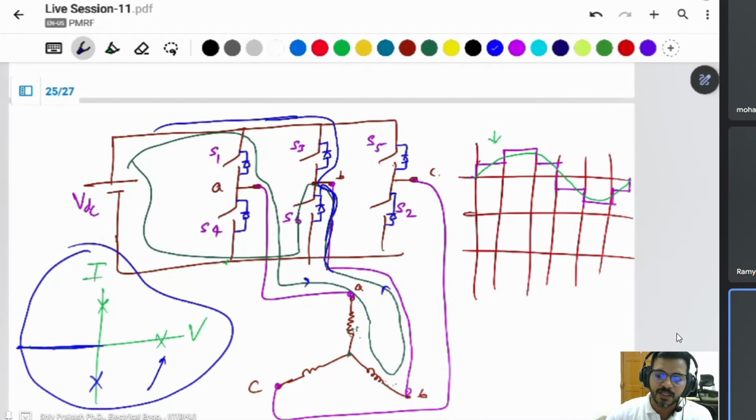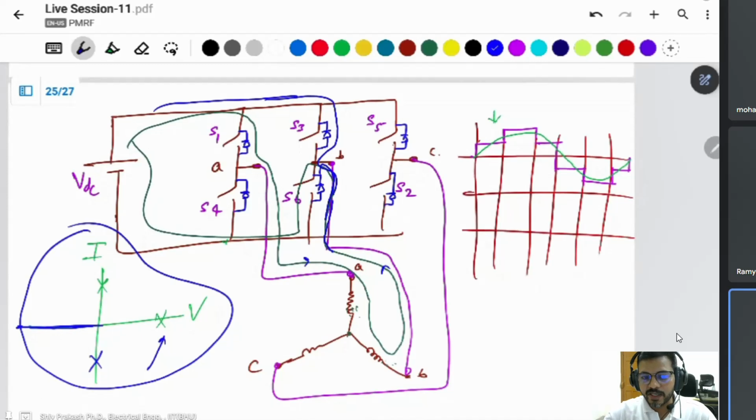In some cases, if there is no diode provided by the manufacturer, then you have to add a diode antiparallel to the switches to provide the current return path of the inductor. If there is no inductor, only resistive load, then there is no requirement of a diode. But if an inductor is present in your load, then there is a requirement of a diode to provide a return path.